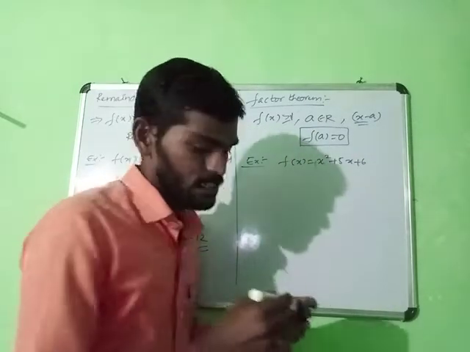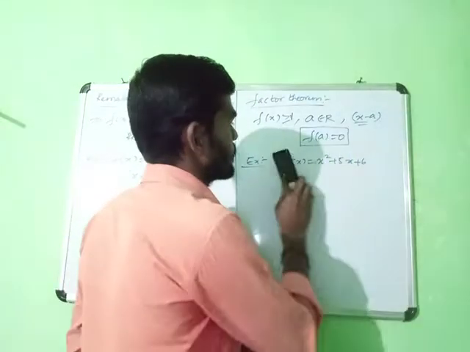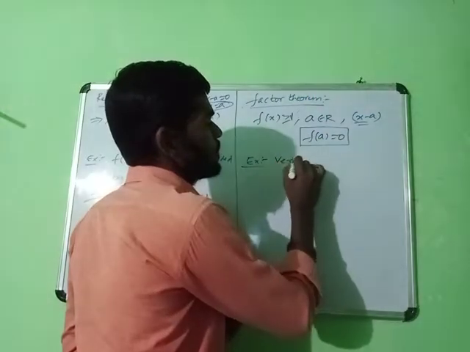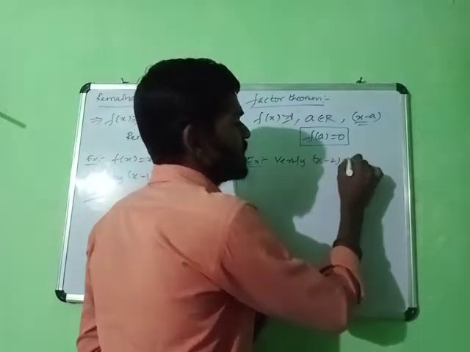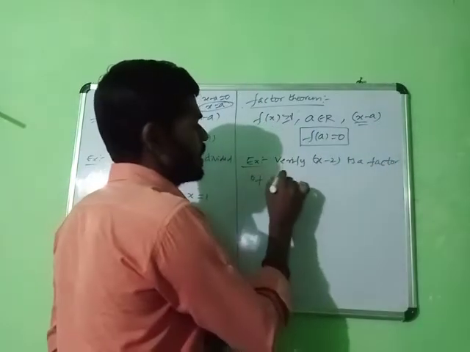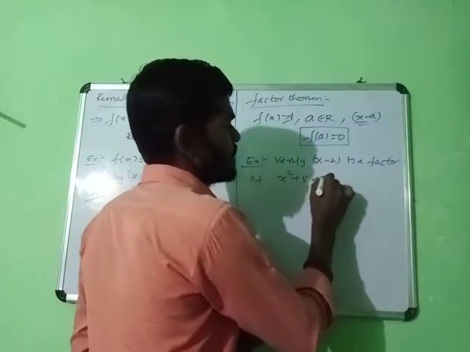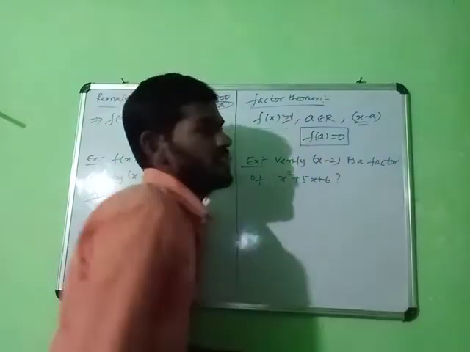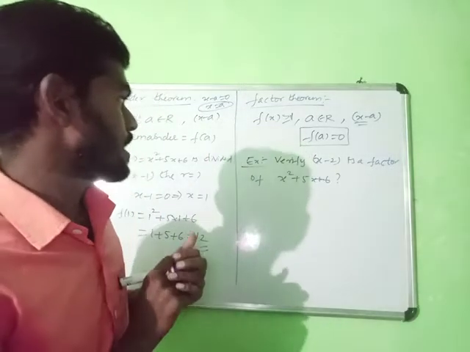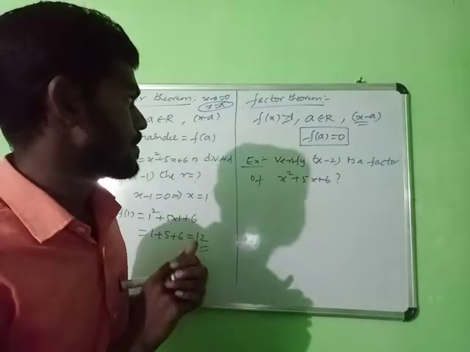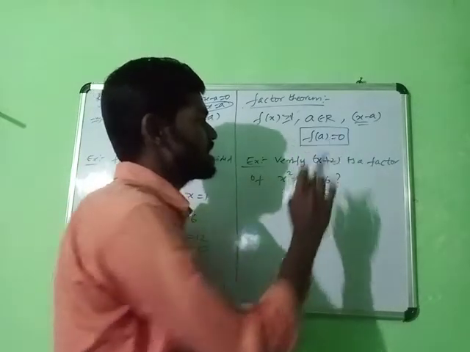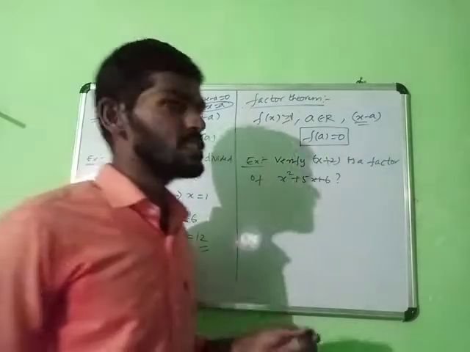Verify x minus 2 is a factor of x square plus 5x plus 6. Now take plus for example: verify x plus 2 is a factor of x square plus 5x plus 6.